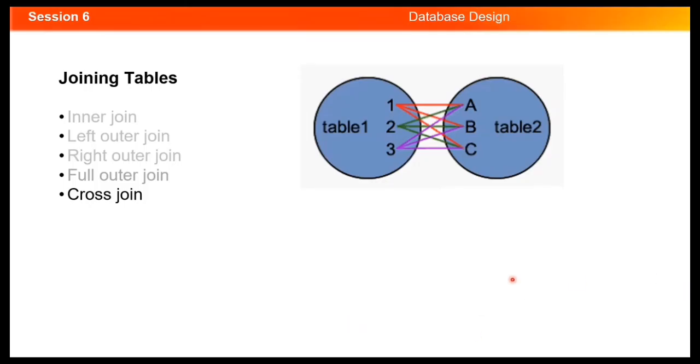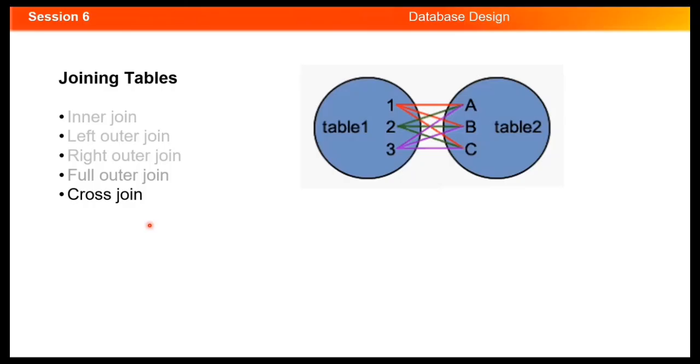One thing about all these SQL joins that we discussed, the inner join, the left outer join, the right outer join, the full outer join, the cross join, is in many cases they will return similar result sets. It's really under certain conditions where they will actually return different result sets.